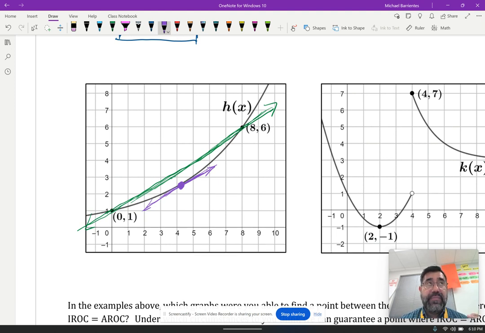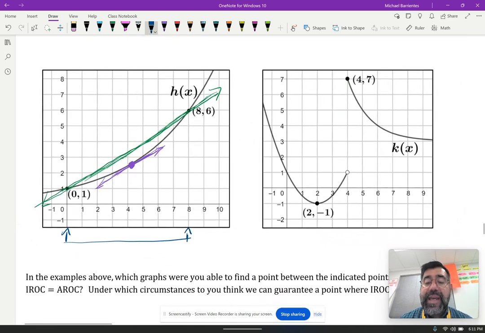The slope of the purple line is the instantaneous rate of change. And there is a point between my endpoints, the marked points at x equals 0 and x equals 8. So in between, there is at least one point where the slope is the same.